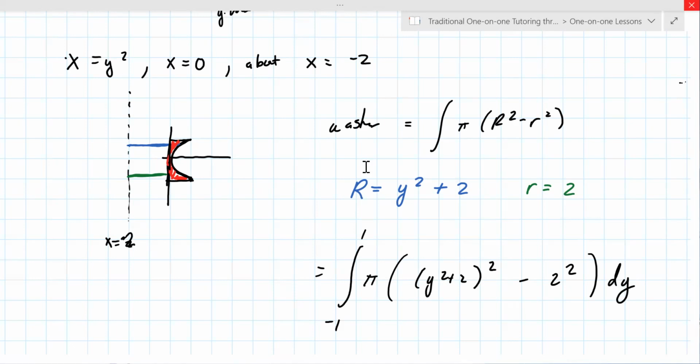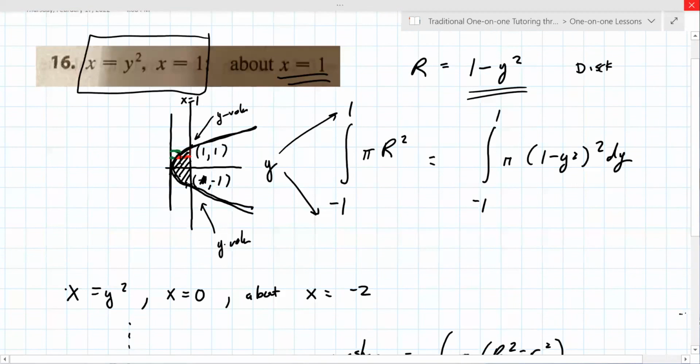My opinion is that the hardest ones are these ones where the region kind of overlaps onto itself. I don't know how many of those you'll get though. You have a quiz tomorrow over this stuff, so it'll just be one problem.